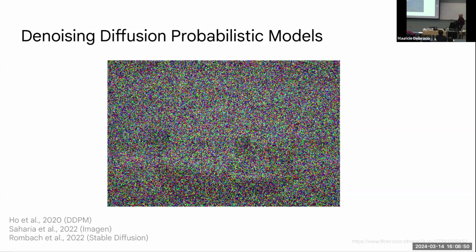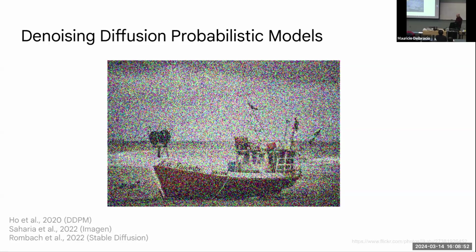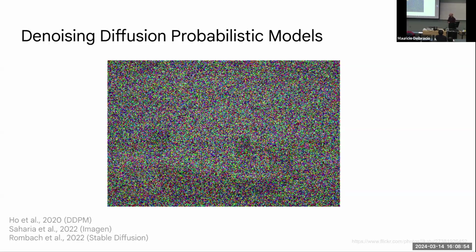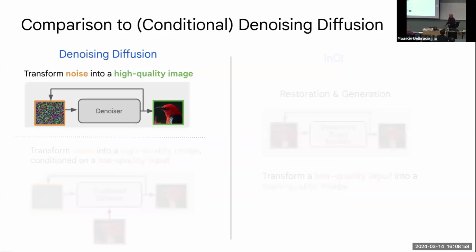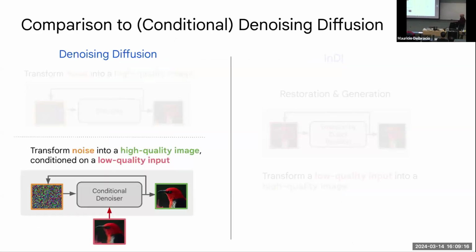So let's say the idea of a denoising diffusion model is to transform noise into a high quality image by repeatedly applying a denoiser. Imagine that now we want to solve other restoration tasks like removing blur. The goal is to train a conditional diffusion model.